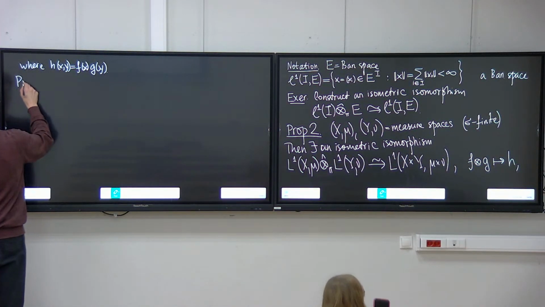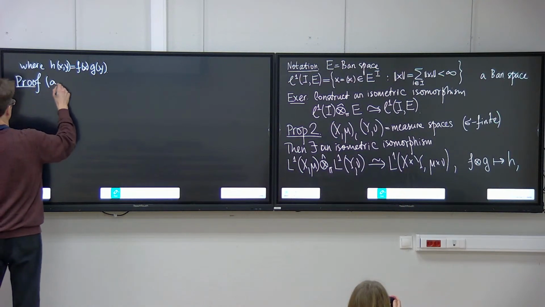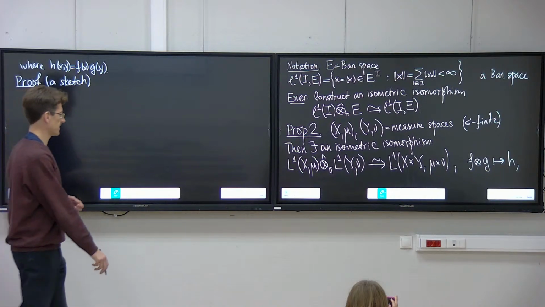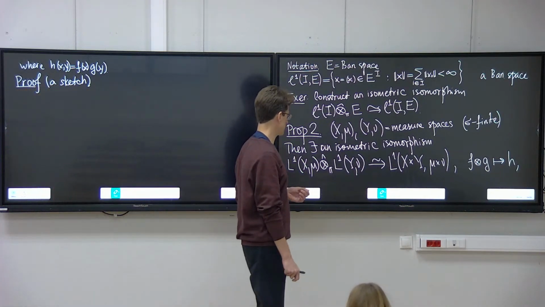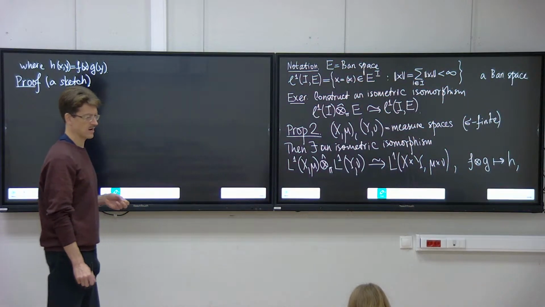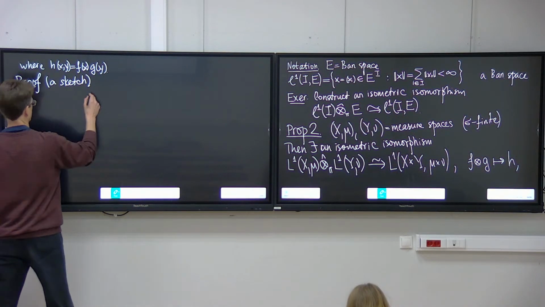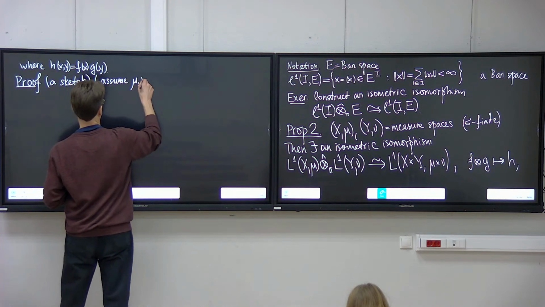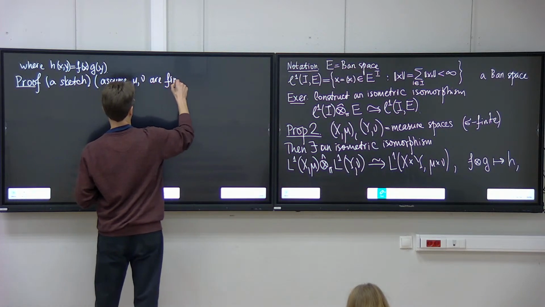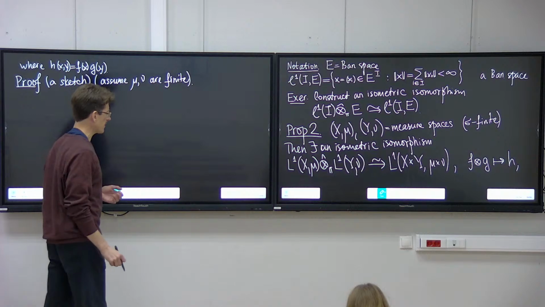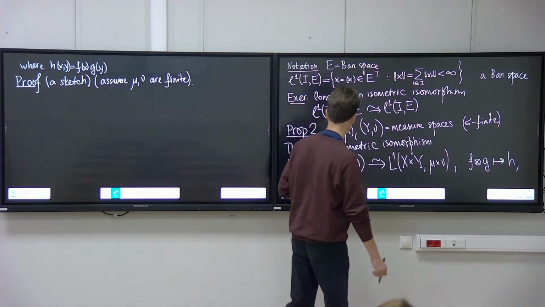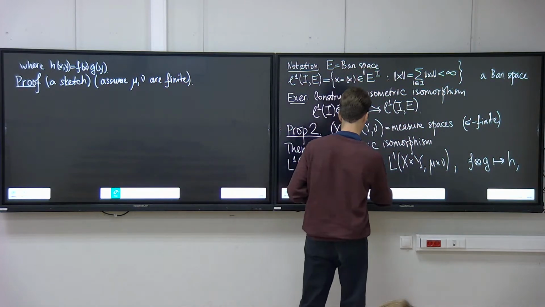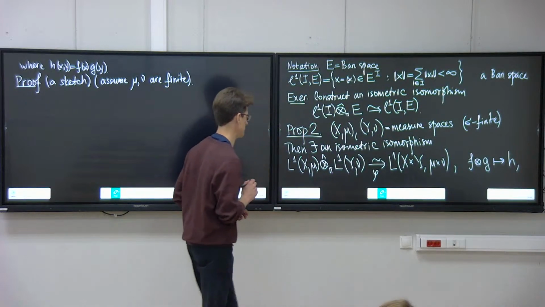And here is the main idea of proof. Actually a sketch, but well, this will be almost the proof. For convenience, let's consider the special case where X and Y are finite measure spaces. So here we assume that mu and nu are finite. First of all, the existence of such a linear map follows from the universal property of the tensor product.